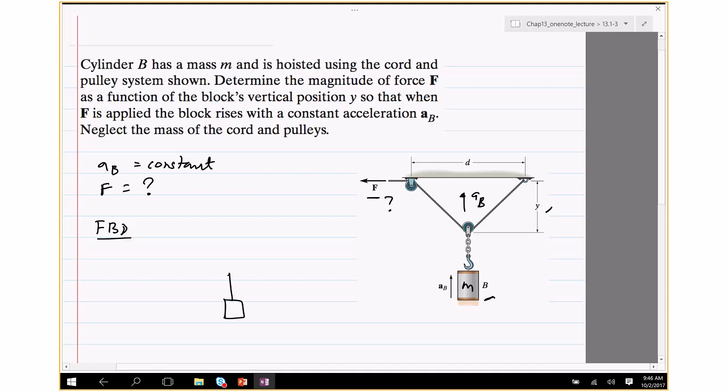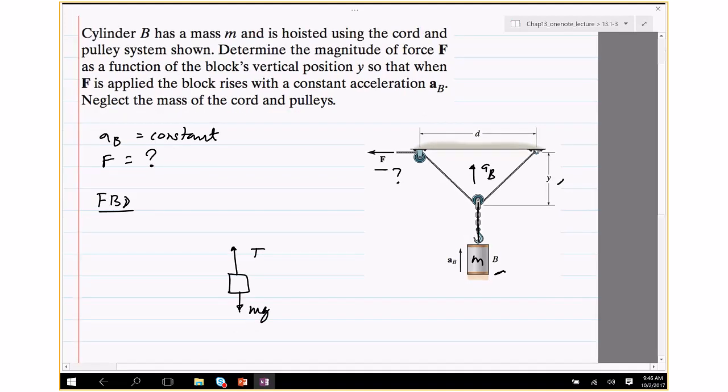Okay, so there is a tension T in the cable here, and then there is mg. That is a free body diagram for the mass m. Then I'm going to draw a free body diagram for the pulley.